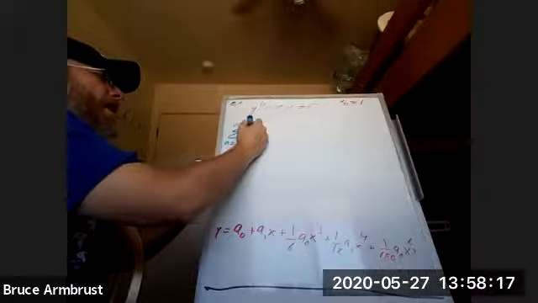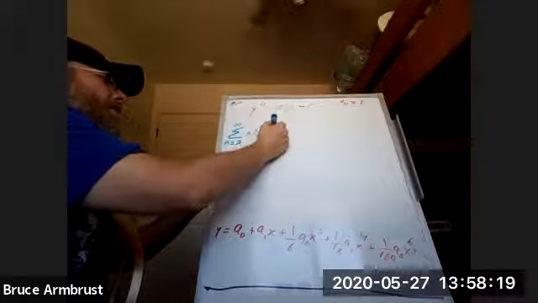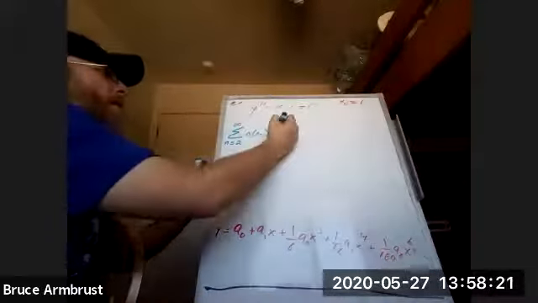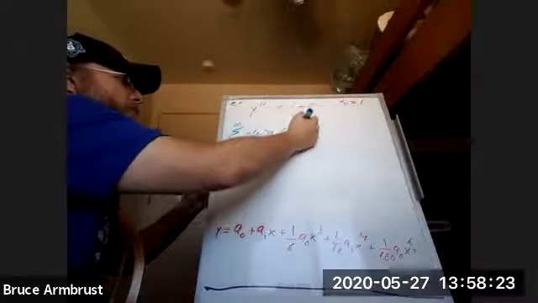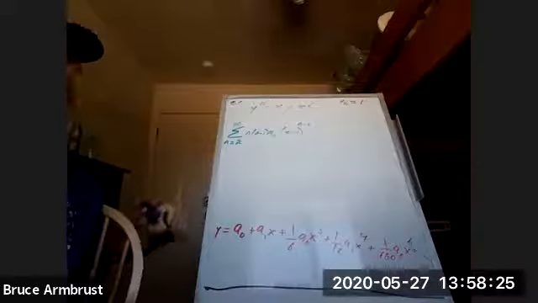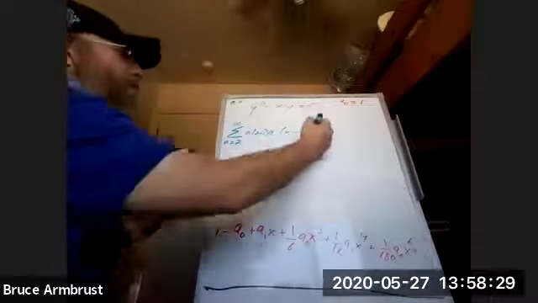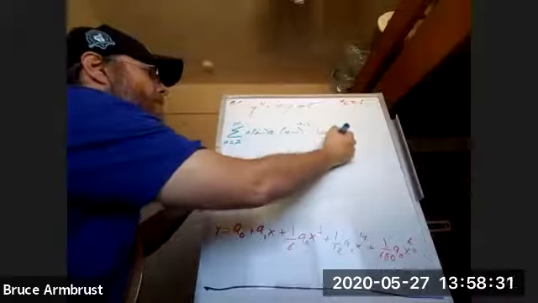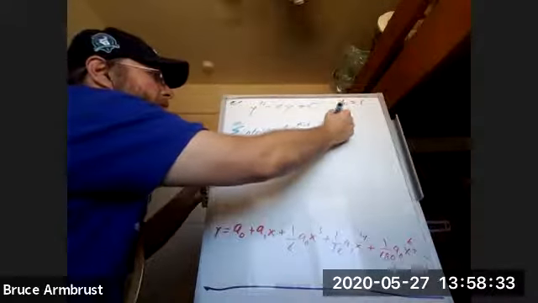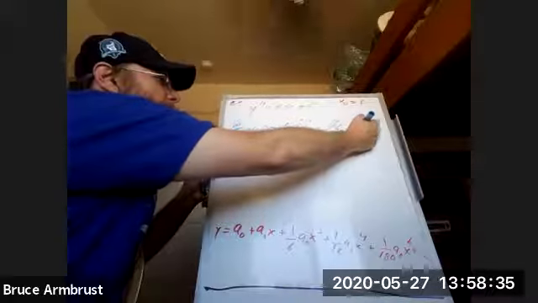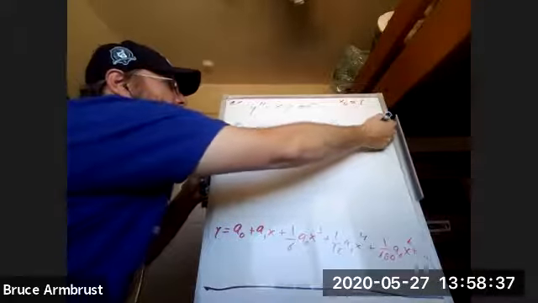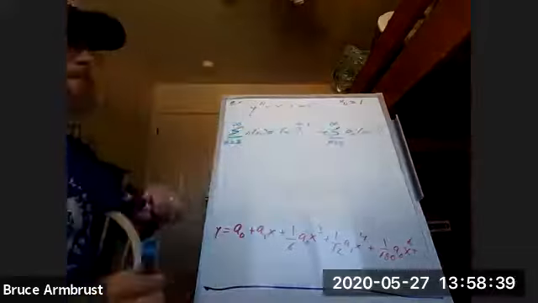Still going to have an n times n minus 1 times a sub n. But now it's going to have x minus 1 to the n minus 2. And similarly with the other one, it's still going to go from 0 to infinity. It's going to be a sub n, but now it's going to be x minus 1 to the n.